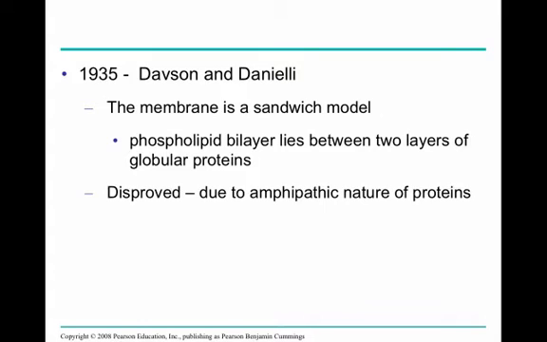They figured that because the phospholipid would not want to be by water, and the proteins they originally, but incorrectly, assumed were all hydrophilic. That model, that sandwich model, was disproven when they figured out that proteins are actually also amphipathic. They also have hydrophilic and hydrophobic portions as well as the phospholipids.